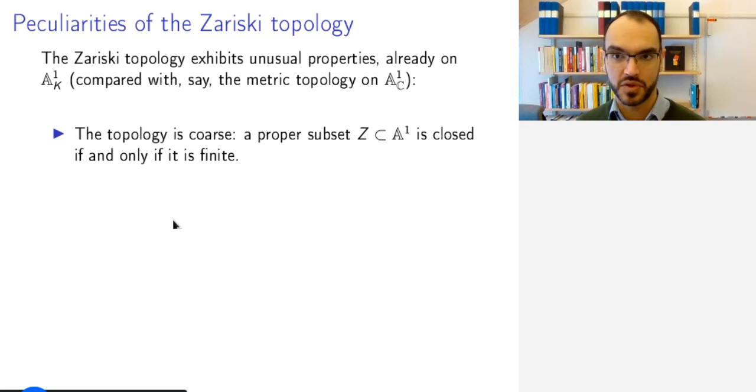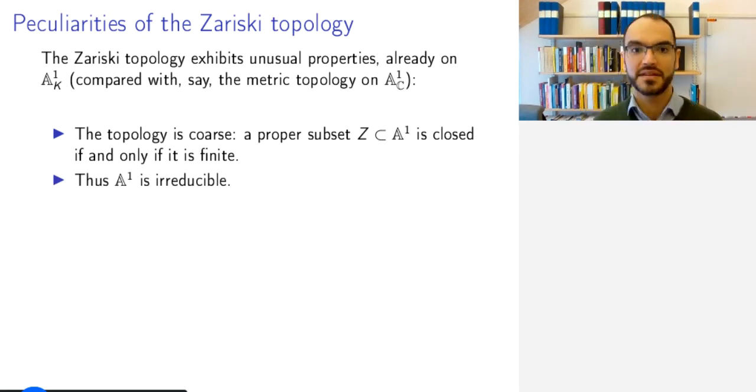So they are huge. So if K is the complex numbers, this means that the only open subsets you are going to have are the whole complex plane with a finite number of points removed. So keep that in mind when you say that you take an open neighborhood around some point. This open neighborhood will in fact be the whole space minus a finite number of points.